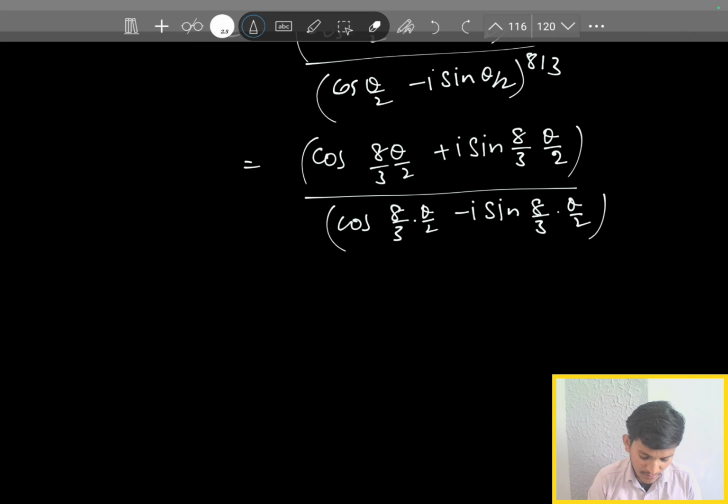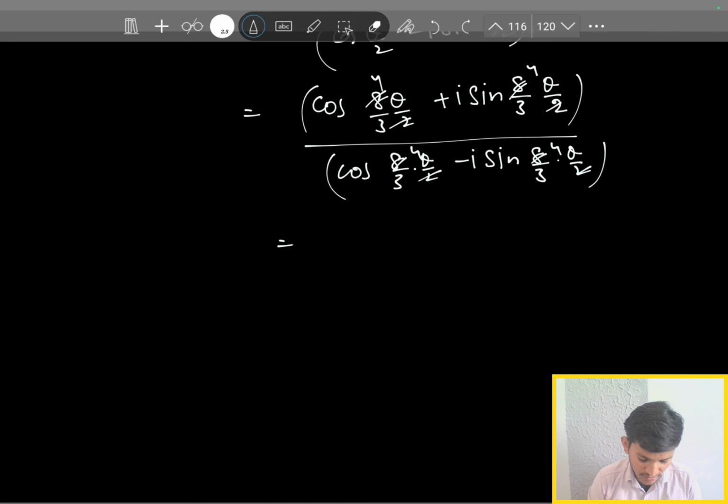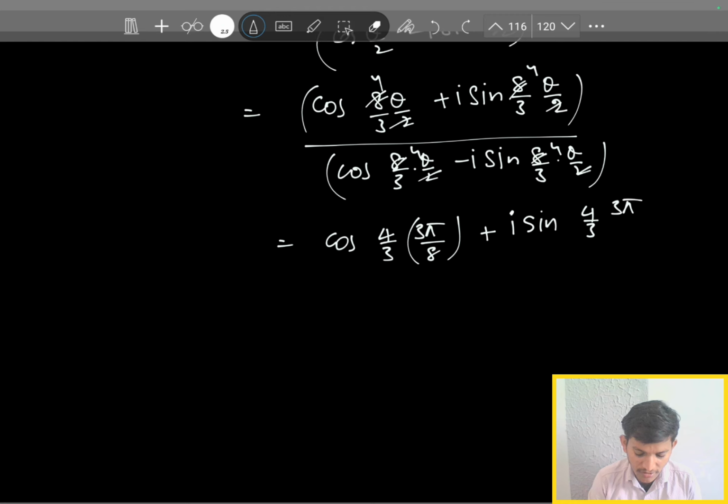So when I write this part, 8 by 3 times theta by 2 becomes 4 by 3 times theta. Here we have cos of 4 by 3 times theta, and the theta value was 3 pi by 8. I am just substituting it: cos of 4 by 3 times 3 pi by 8 plus i into sine of 4 by 3 times 3 pi by 8.